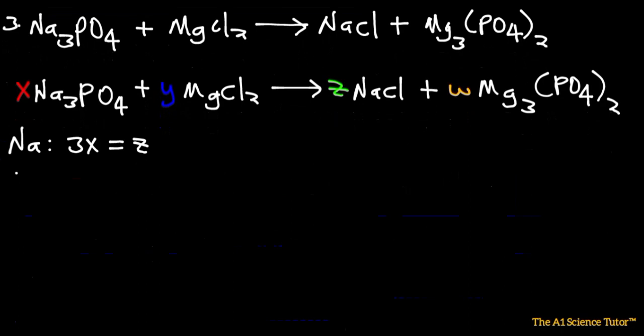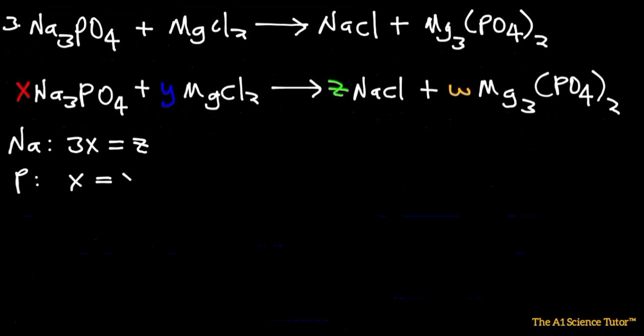Now the next one is obviously phosphorus. Excuse me. So for phosphorus, we have just x, because this is 1 atom. That is multiplied by the x here, so that's just 1. On the other side, we have 2, so that will be 2 multiplied by 1. That gives us 2. And then we multiply it finally with the coefficient, which stands for the number of moles.